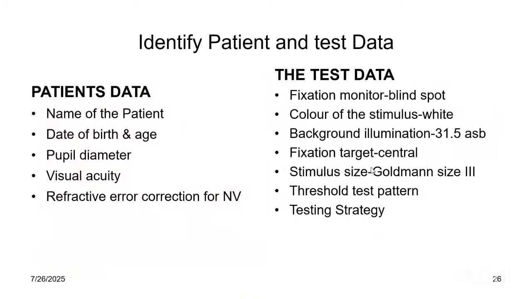So first, you want to identify the patient and test data. Patient's name is important for identification. Date of birth and age are very, very important, because any mistake in the age of the patient can give a wrong analysis.